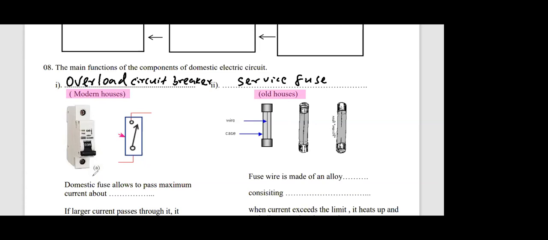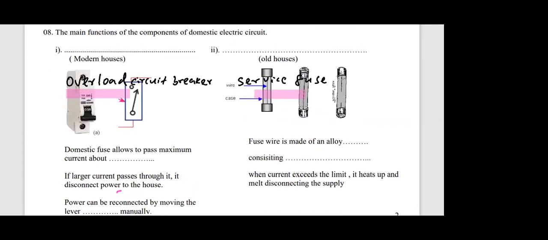This domestic fuse allows a maximum current of about 30 amperes to pass. If the current exceeds that, then what happens? It disconnects the supply automatically if it is an overload circuit breaker. But if it is a service fuse, the fuse wire will melt.